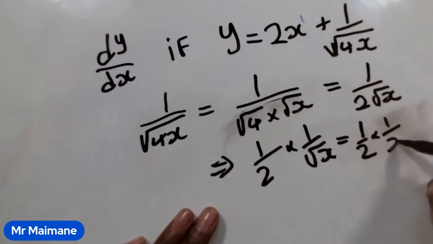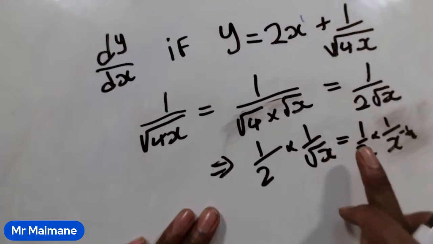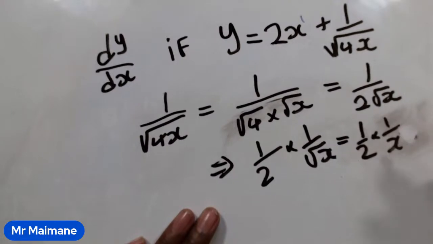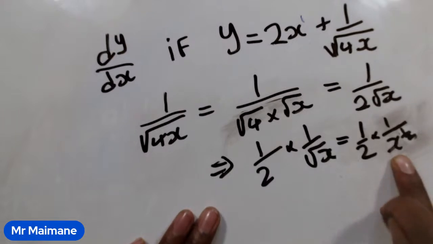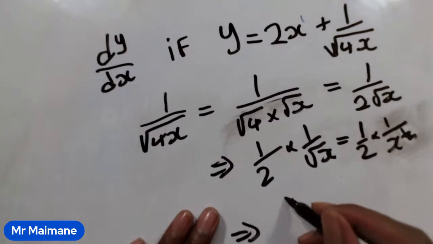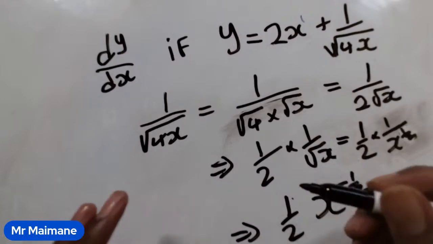1 over 2 into, because square root of x is the same as x to the exponent half. And then the final part would be exactly the same as 1 over 2 x to the exponent negative 1 over 2.